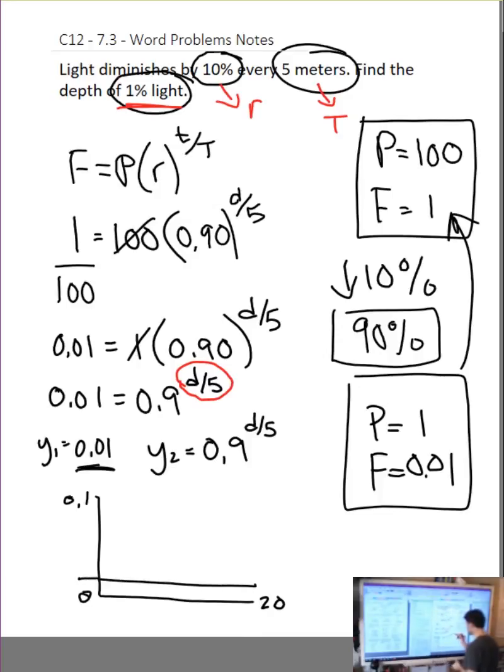But I can't see my other line because it has a y value of 0.9. So I'm going to go back in and change my y window to go up to be about 2. And again, we never really know. We just want to try stuff and keep going and figure stuff out. So, for example, if you can't see something, change your window appropriately.